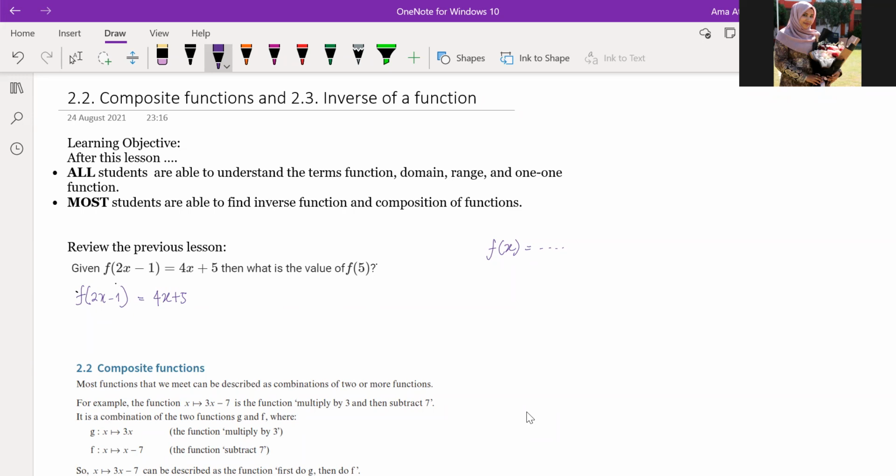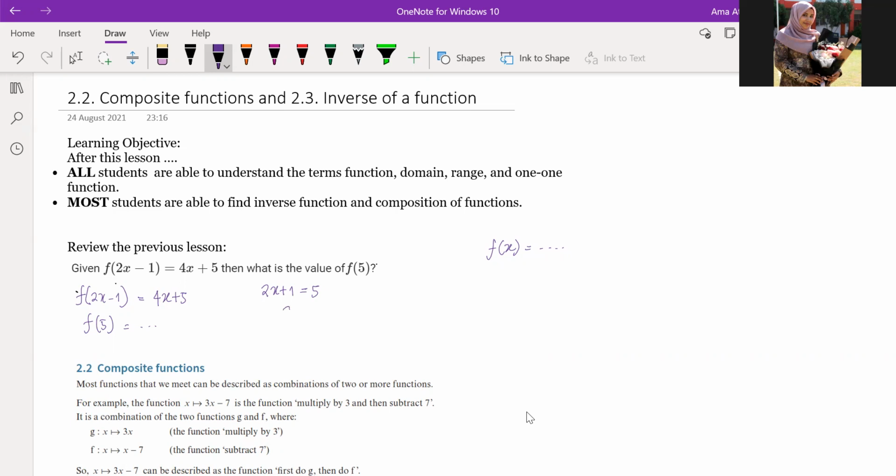So we are going to do something here so that we can get how much is f of 5. So we are going to make 2x minus 1 into 5, it equals 5. So what value of x satisfies this? So we are solving for x here.